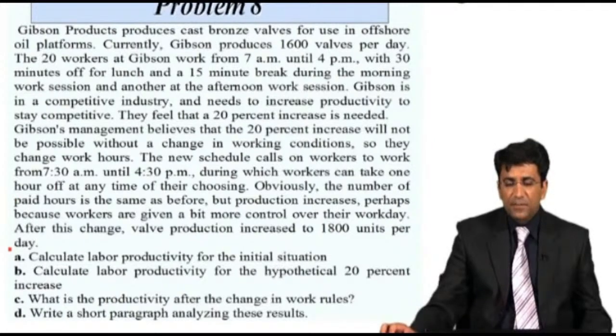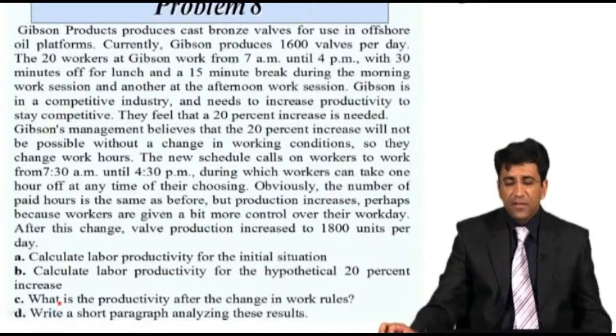The 20 workers at Gibson work from 7 a.m. until 4 p.m. with 30 minutes off for lunch and a 15-minute break during the morning work session and another at the afternoon work session. Now students, this information is very important.